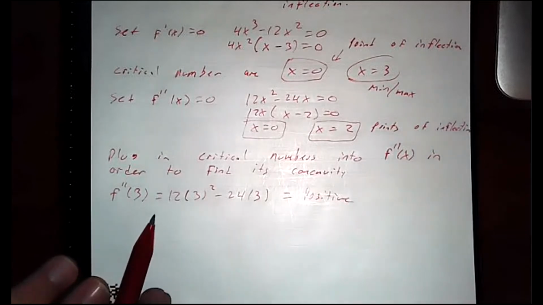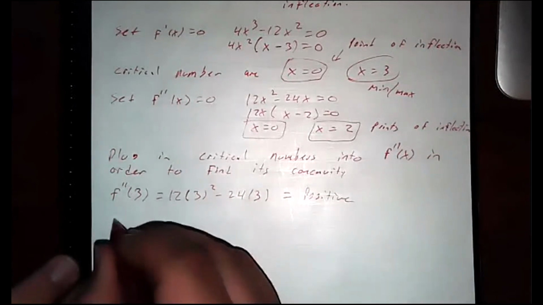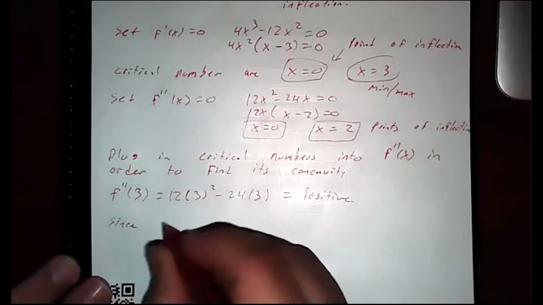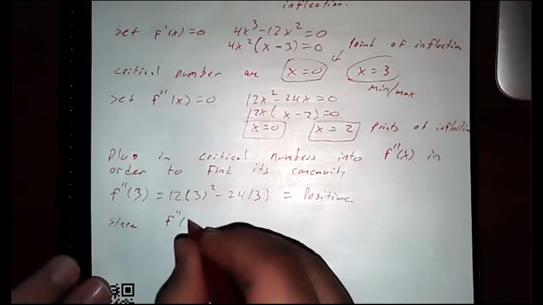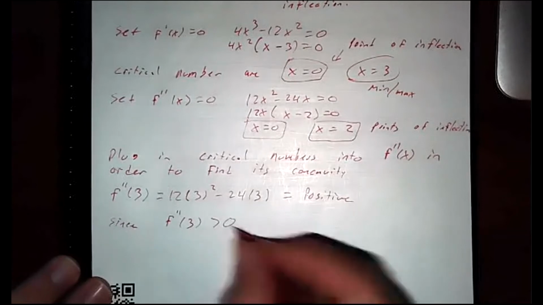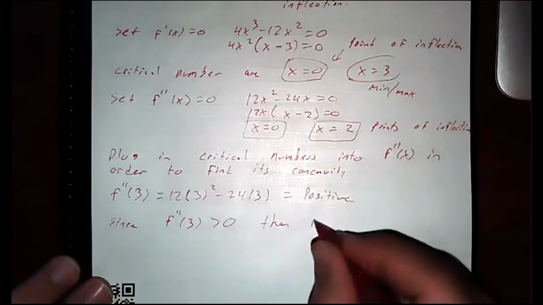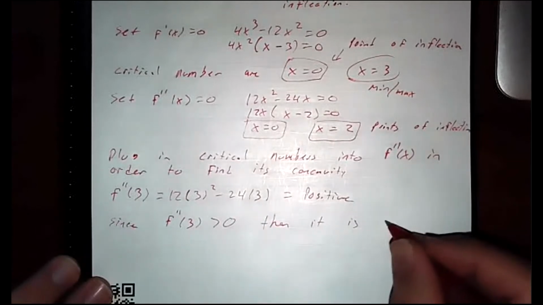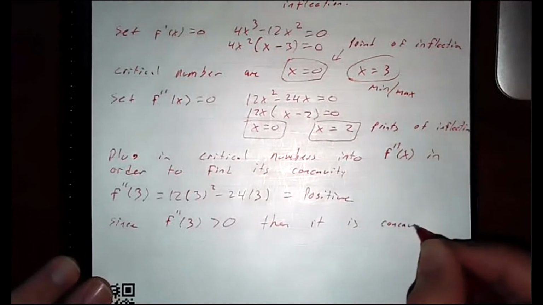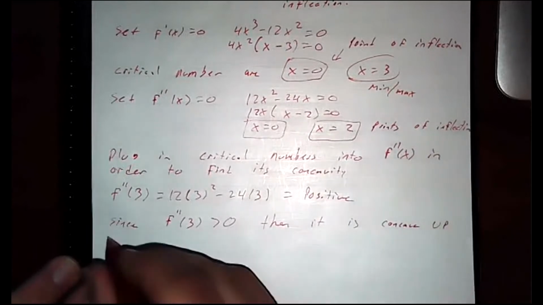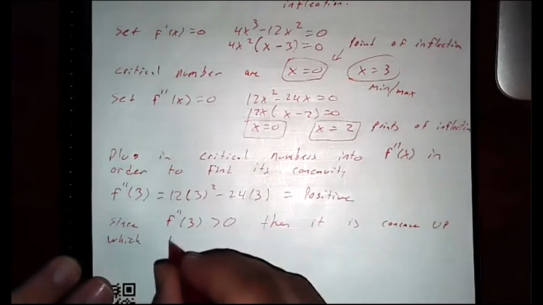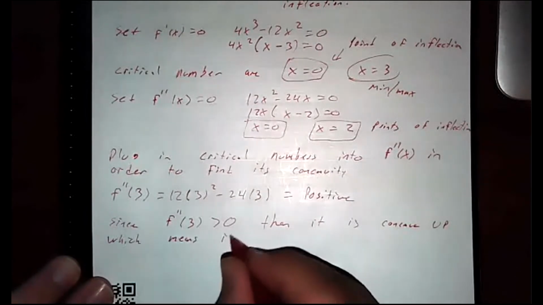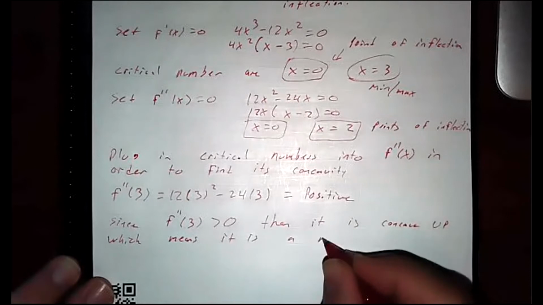So since f double prime at 3 is greater than 0, then it is concave up, which means it is a minimum.